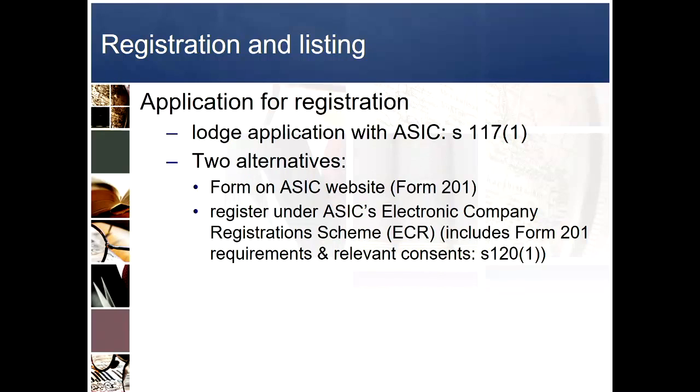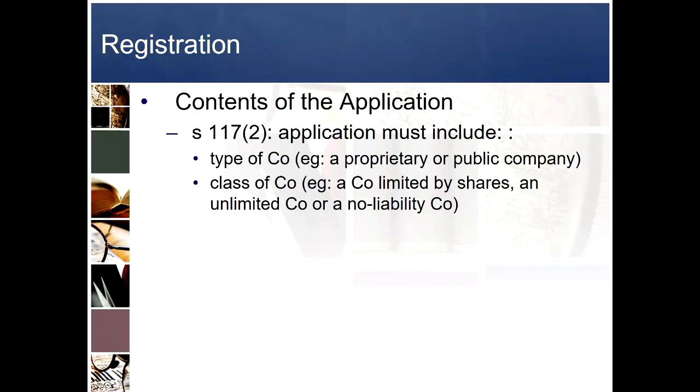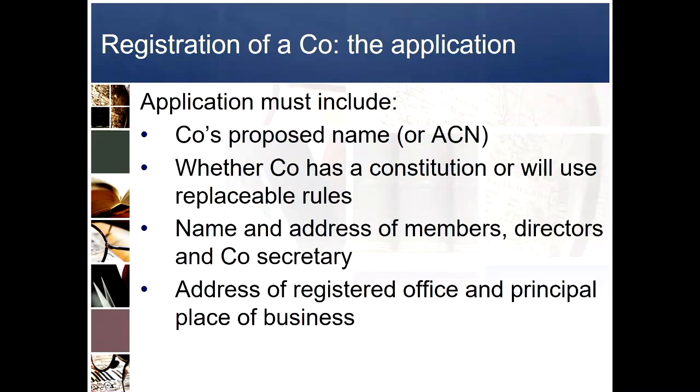What do you need to tell ASIC when you register a company? You must tell ASIC the type of company, so proprietary or public, and the class of company. So is it a company limited by shares, an unlimited company, or a no liability company? You also need to include the company name. So remember, we've already talked about there are some rules about the company's name.